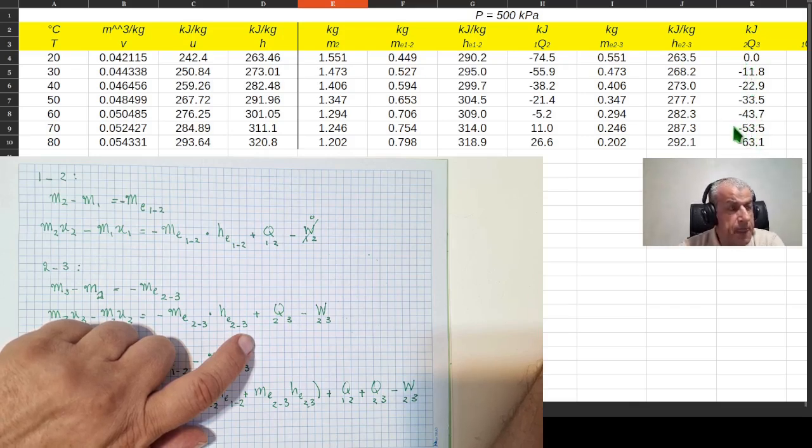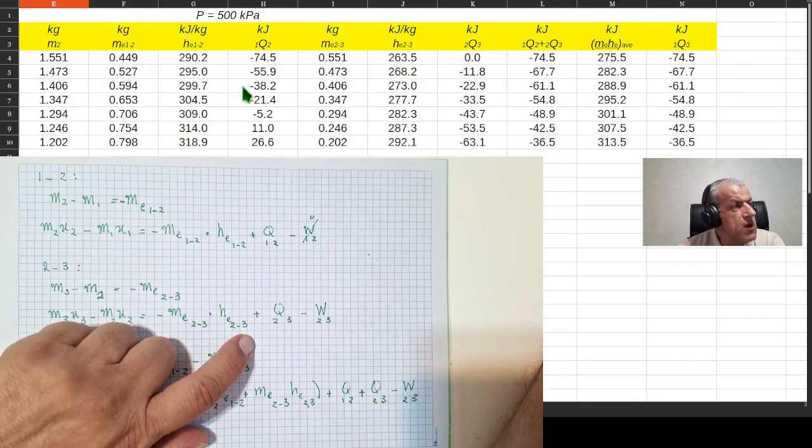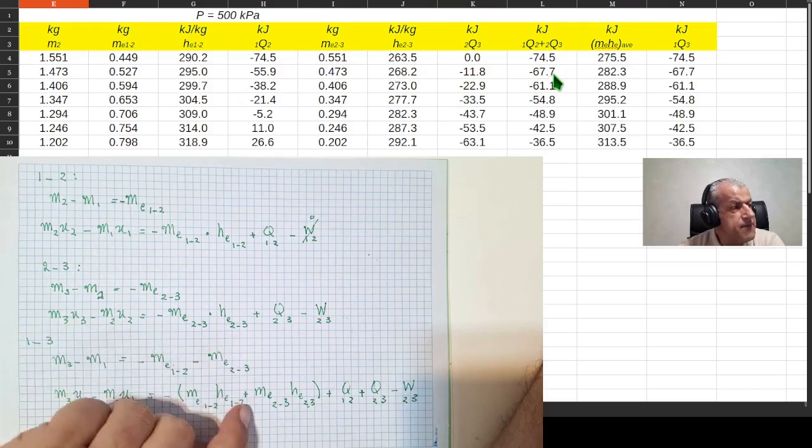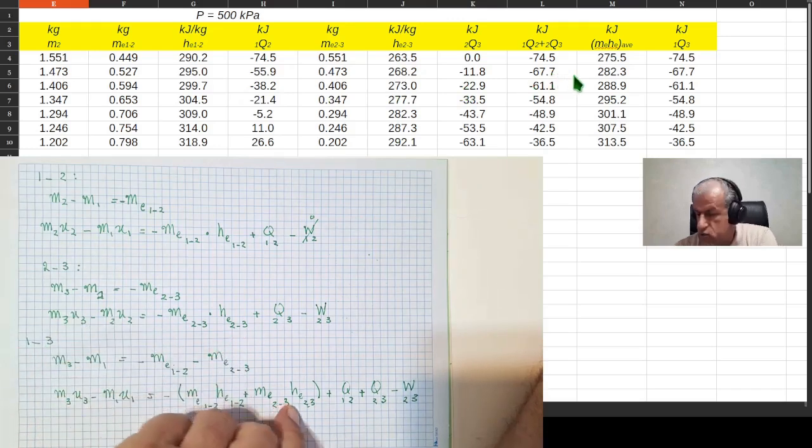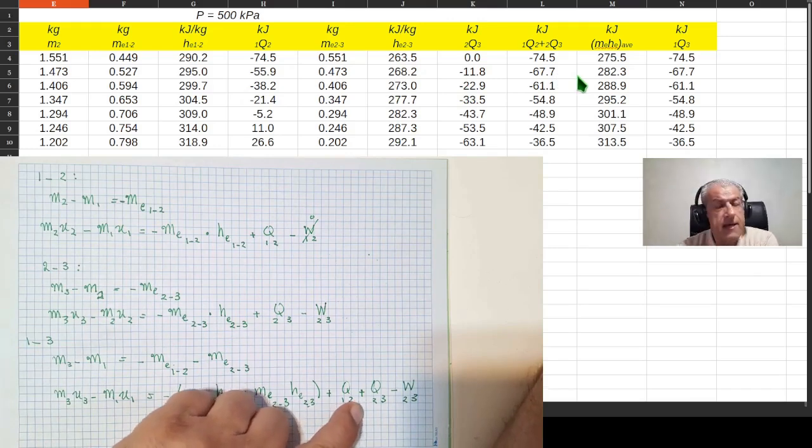So in fact, for any intermediate temperature, for any temperature for point 2, we can calculate Q12 and Q23. If you have Q12 and Q23, we can add them together and get Q12 plus Q23, which is these two terms added together, and I have done it here for different values.